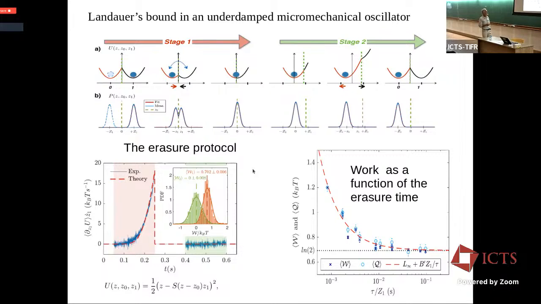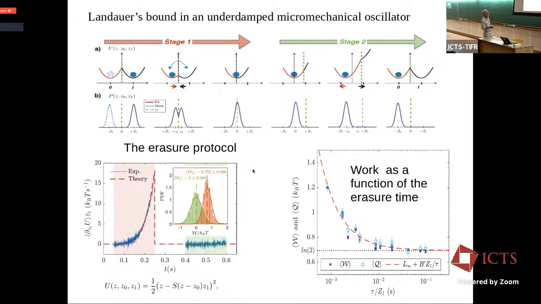And now you can explore the work as a function of time. During the merging stage, the system is doing work, and this is just the entropic work that is needed. Then you stop there, and then you slowly move the particle.